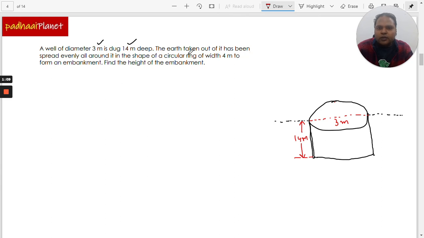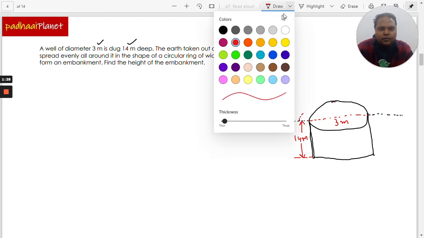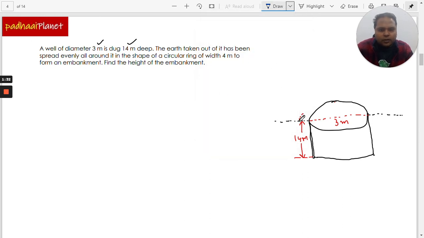Now what they are saying is that the earth taken out of it has been spread evenly all around it in the shape of a circular ring of the width 4 meter, right? Now there is a circular ring which has been made here like this, right? So let's just try and draw this so that we have the clarity.